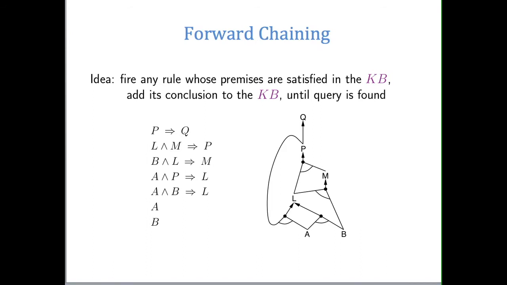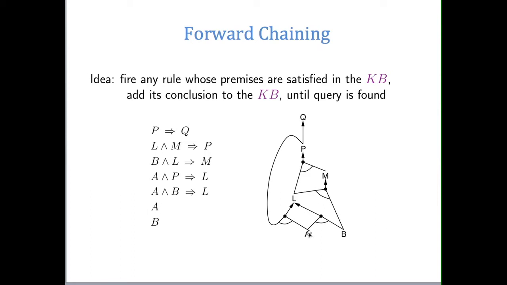So let's say that we have the following knowledge base of Horn clauses. P implies Q, L and M implies P, B and L imply M, A and P implies L, A and B implies L, and we also know A and B. And we can represent these propositions and relationships on the map at the right-hand side here.